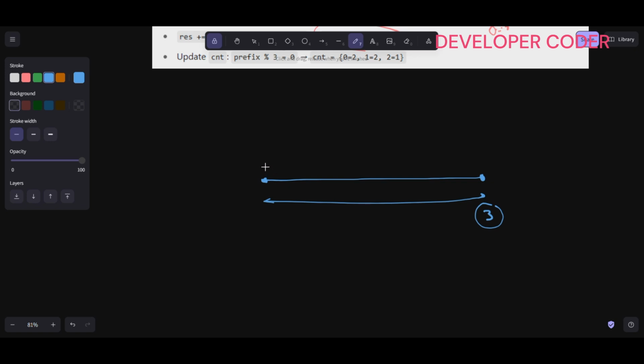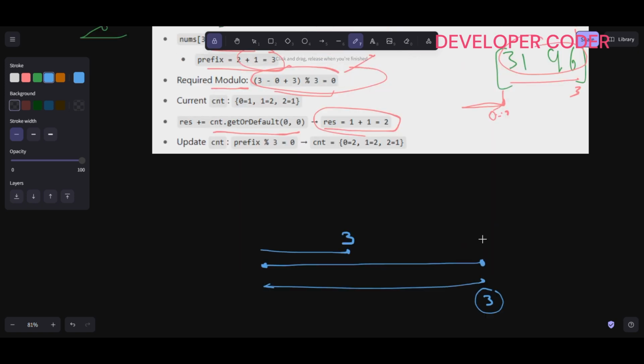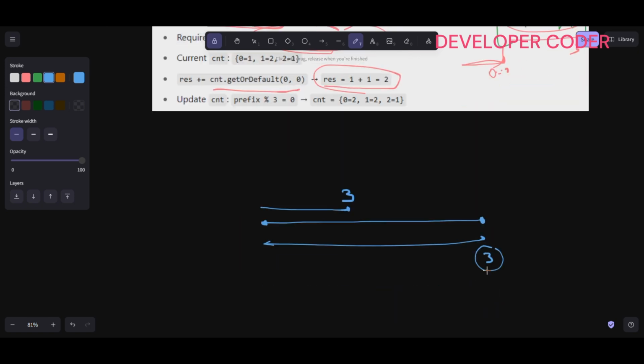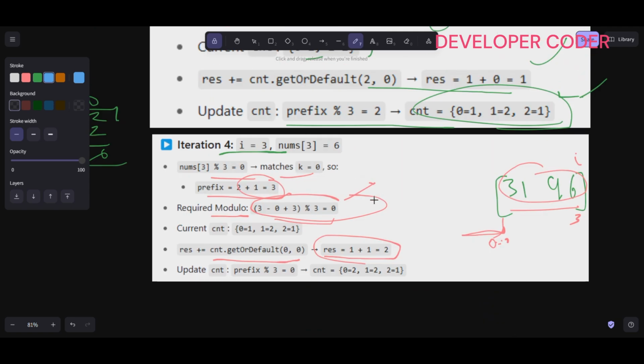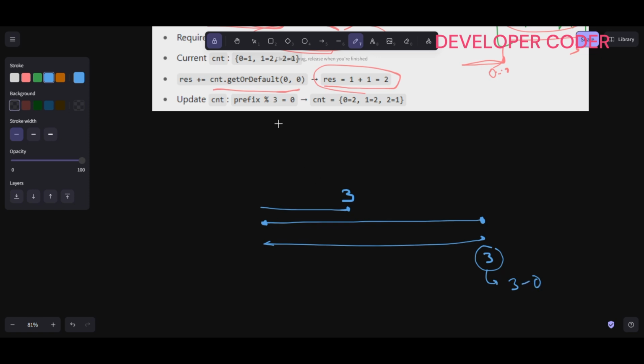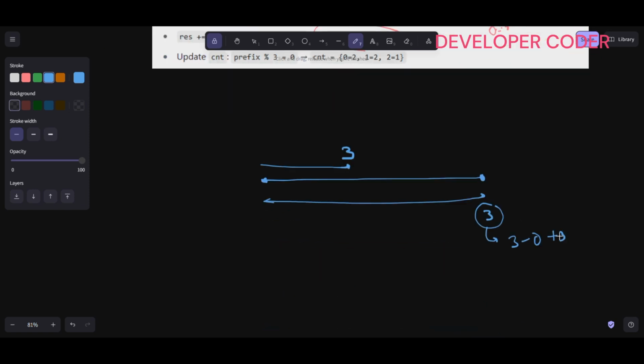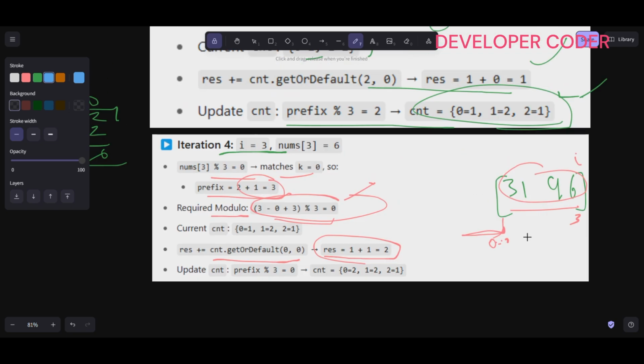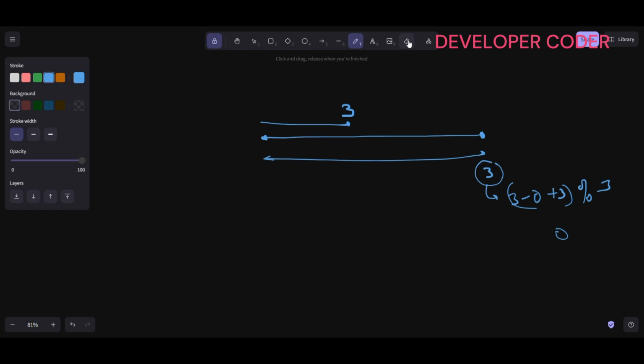The prefix sum is 3, but the required is 3 minus 0, 3 minus 0 plus 3, modulo with mod. So 3 minus 3, you are going to get 0. So required is 0, and 0 is here last time, until here, so this is valid. So we are incrementing this count.